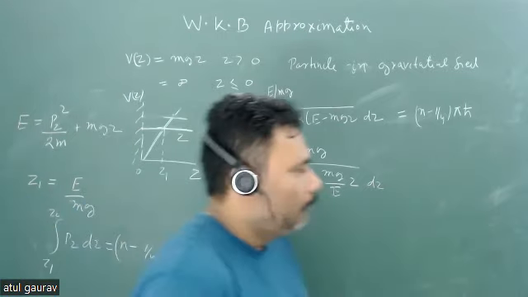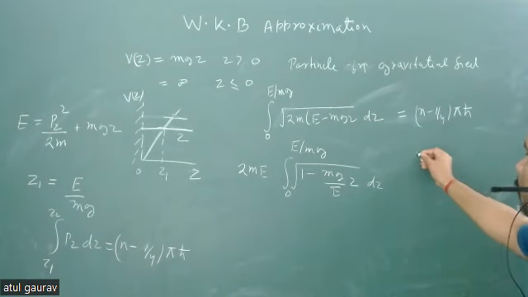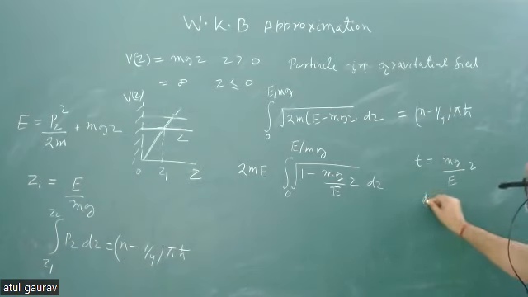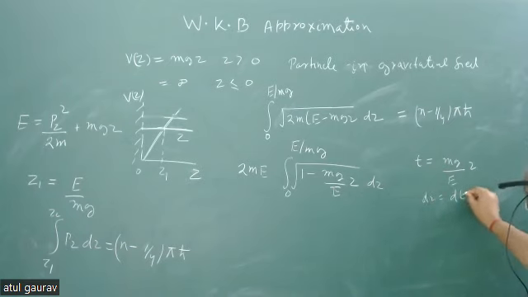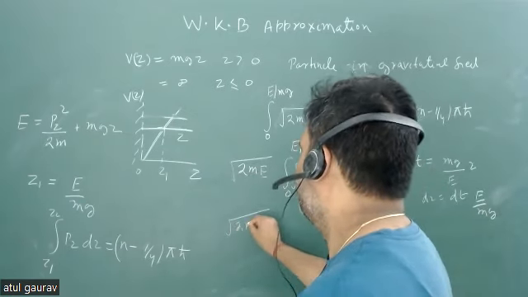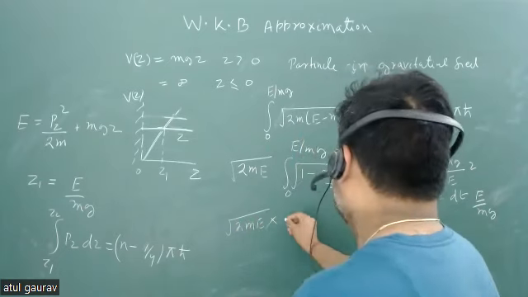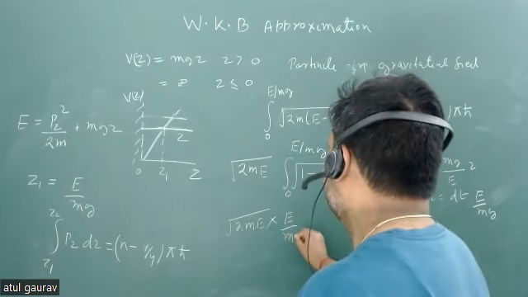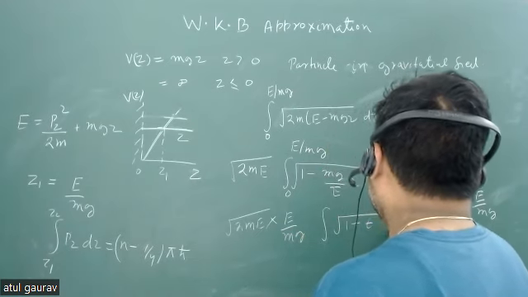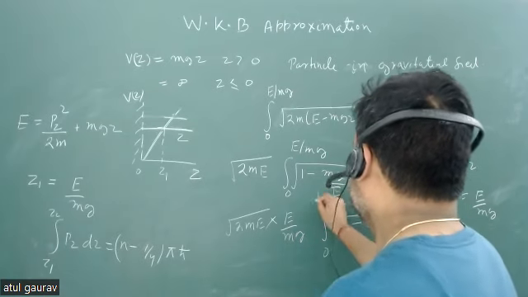And what should be t here? t is mgz by E. So here dz is equal to dt E upon mg. So this is very routine type, and this is root under 2mE, don't worry. So this is root 2mE into E upon mg, and we can go from root (1 minus t) dt, and you will go from 0 to 1.